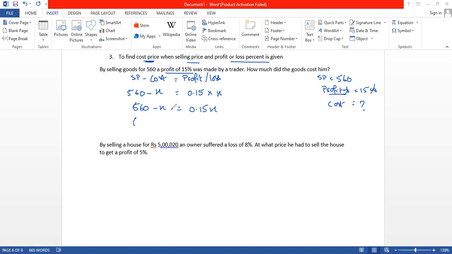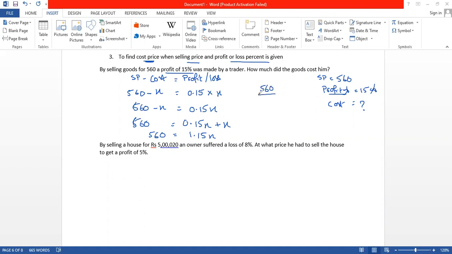Now keep the X on one side. So 560 will shift this X to the other side. This will become 0.15 X plus X. Now when you do not have any number with it, you simply plus it. So 1.15 X, 560. Now this is multiplying over here, this would divide on the other side.